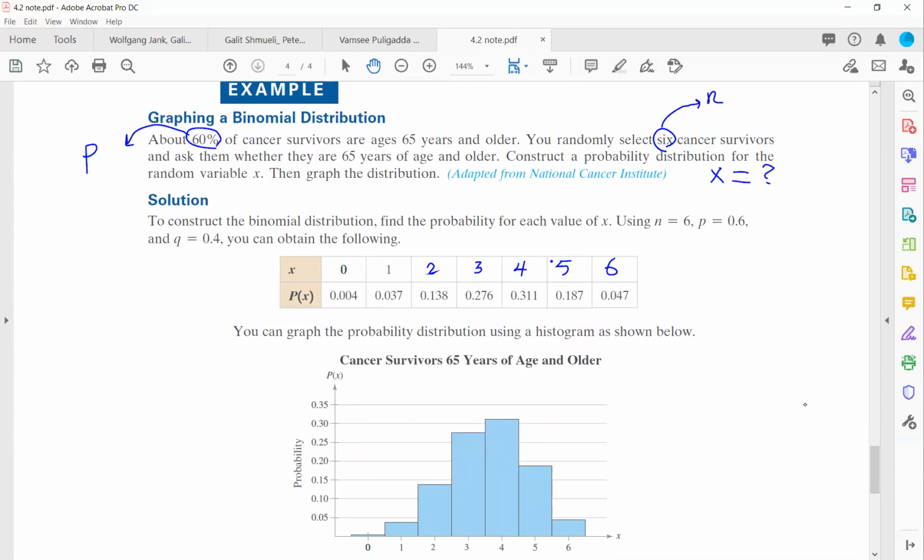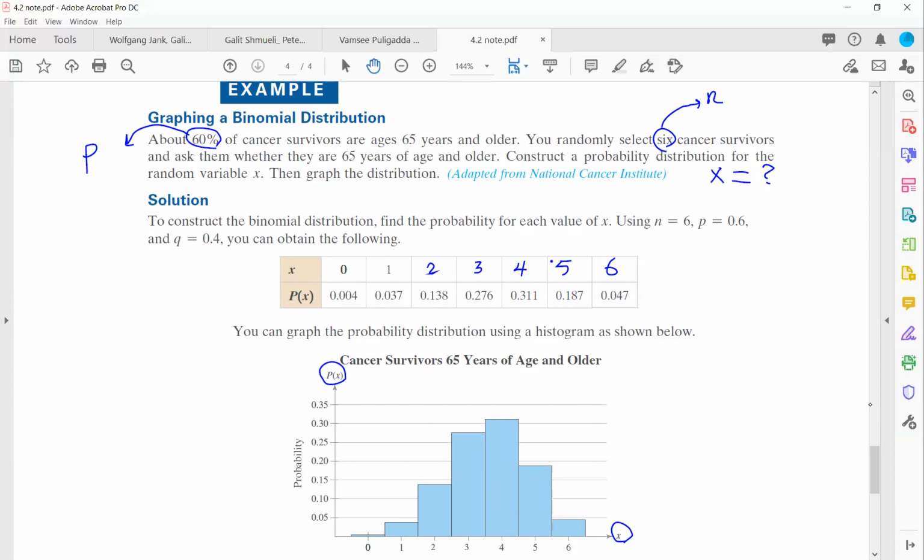We learned how to graph a probability distribution. On the horizontal axis, you list all possible X values. X can be 0, X can be 1, X can be 2, 3, 4, 5, 6. On the vertical axis, you have your probabilities, P of X. The probability that X is equal to 0, as you can see, is very small.